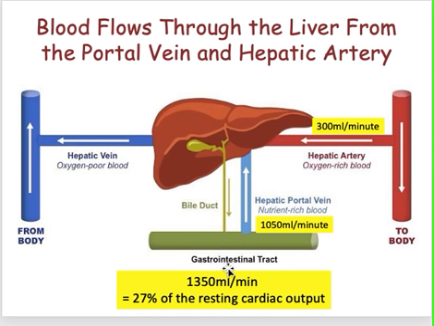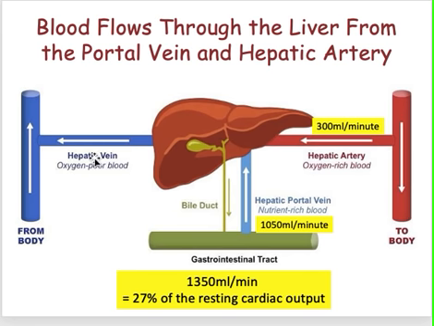So again, when you eat, your food gets absorbed into your gastrointestinal tract and enters your hepatic portal vein, which contains nutrient-rich blood coming from your GI tract. And then it gets processed in the liver, and your liver is also drained by your hepatic vein.